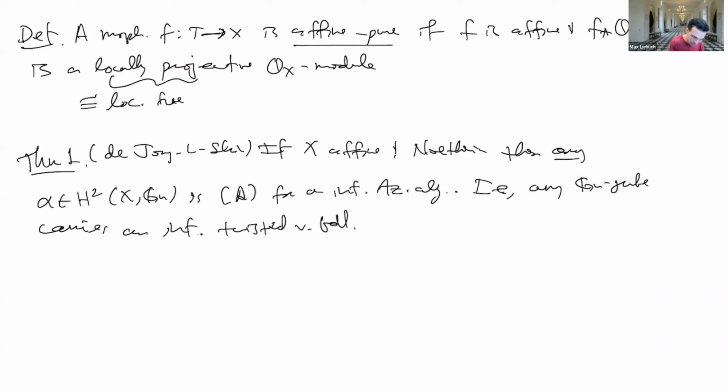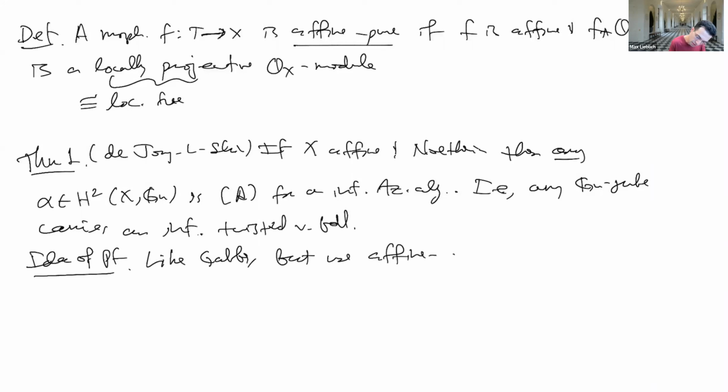Okay, and the idea of the proof is it's like Gabber, but use affine pure instead of finite flat. And the reconciliation problem on affines that Gabber had to deal with, all this K-theory stuff, is much easier because there's an Eilenberg swindle.